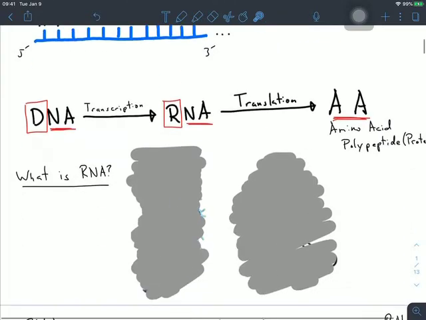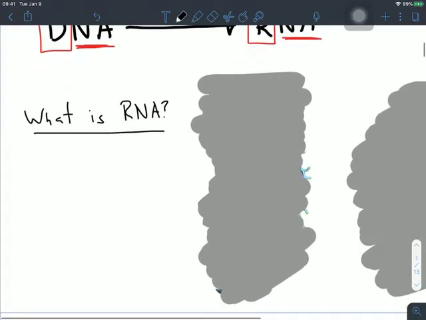So, we definitely have to begin with a discussion of what exactly RNA is. RNA, much like DNA, is comprised of bases. But the bases are slightly different.